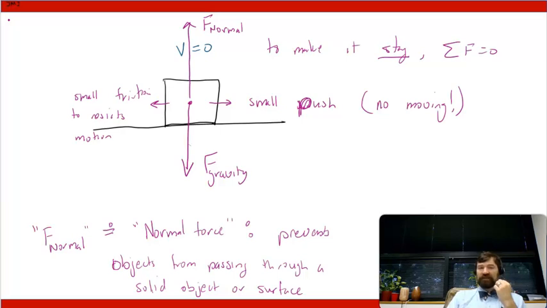The maximum value is the value which, if I exceed that value, if I push harder than that much, the object starts moving, starts sliding. But if I don't push harder than that, then it's stuck in place. Imagine, alternatively, a very heavy object, like maybe you have a safe or something like that.